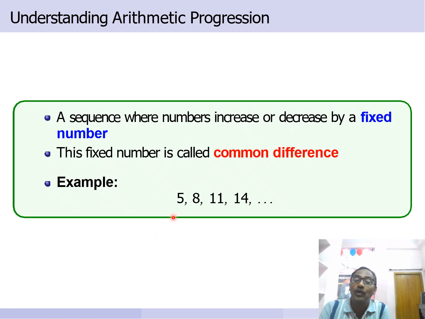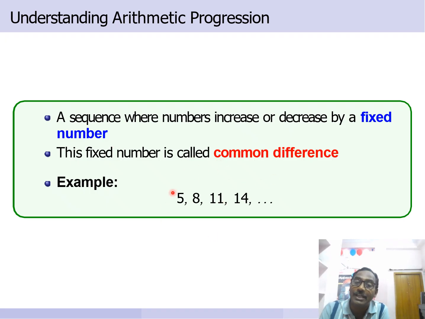Example: 5, 8, 11, 14 and so on. 5 plus 3 is 8, 8 plus 3 is 11, 11 plus 3 is 14, 14 plus 3 is 17, 17 plus 3 is 20, and so on. So the fixed number is called a common difference.